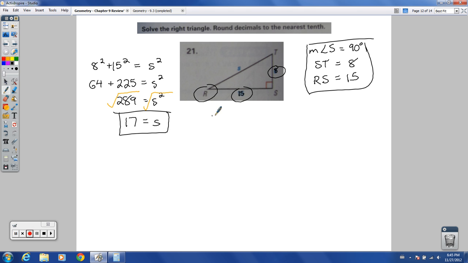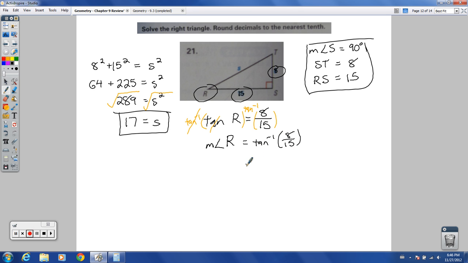So we've got the tangent of R is equal to opposite over adjacent. From there, it's a matter of taking inverse tangent to get rid of tangent. You got to do that to both sides though. And you're left with R, meaning the measure of angle R equals the inverse tangent of 8 over 15.